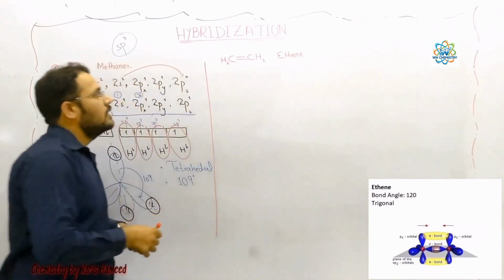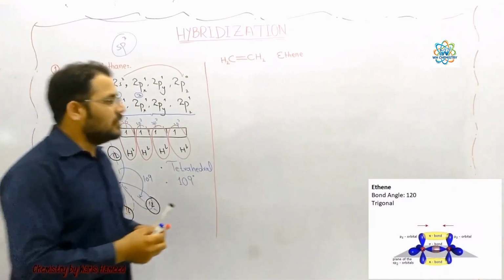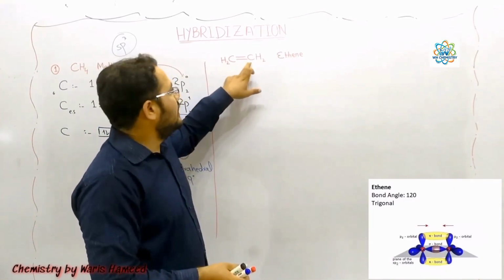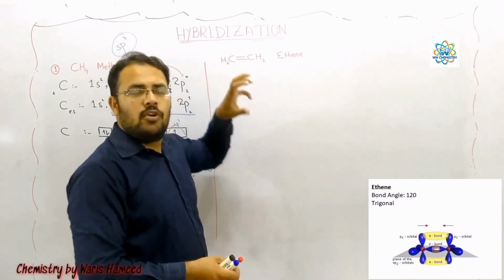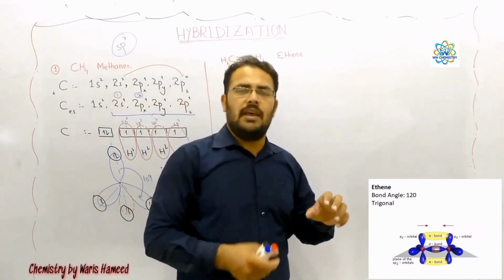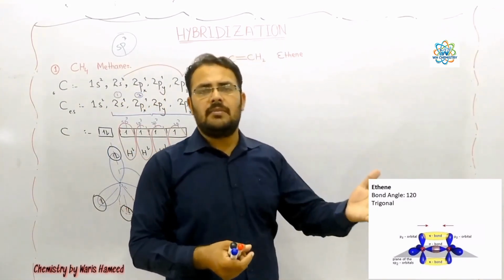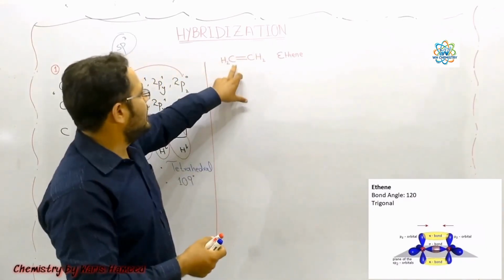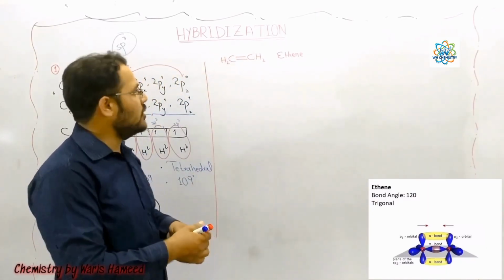Look at the structure of the molecule: here is one carbon and another carbon. We can take just one carbon as central, and the other carbon will automatically be a central atom too. So I am going to take this carbon atom as the central point.